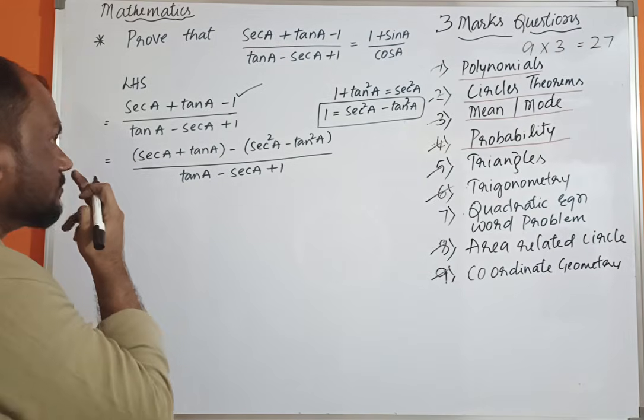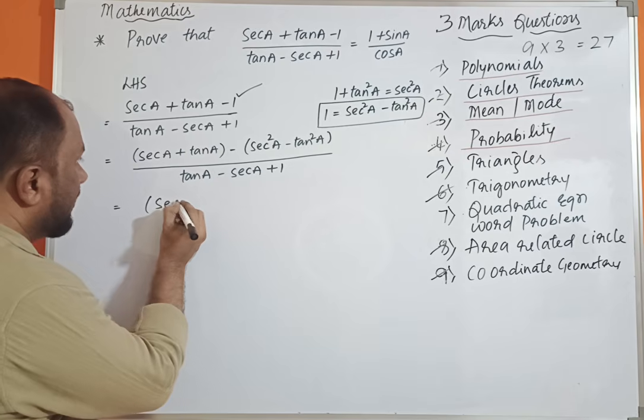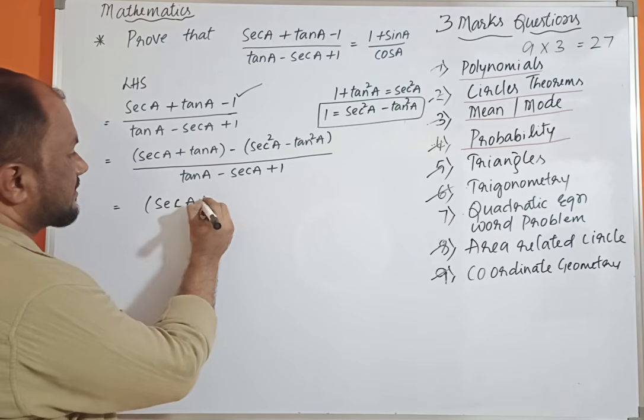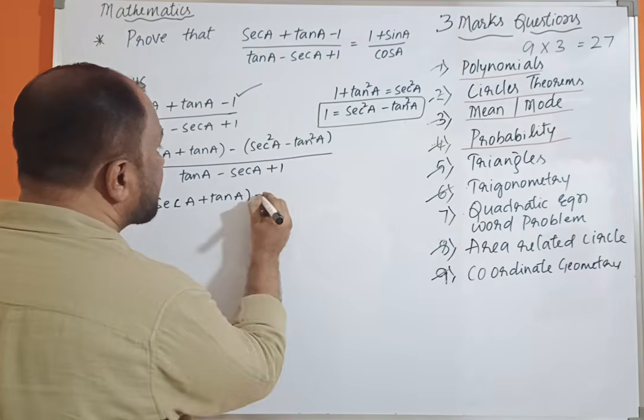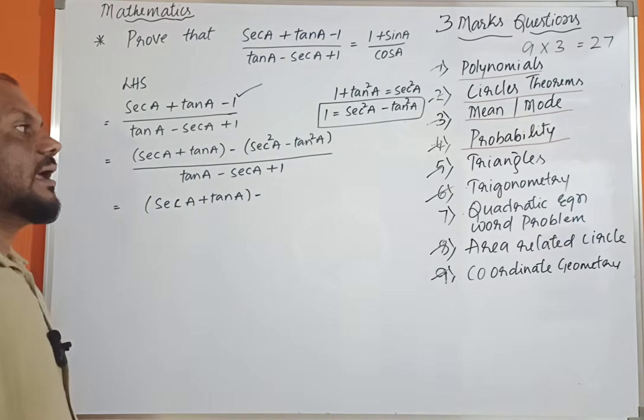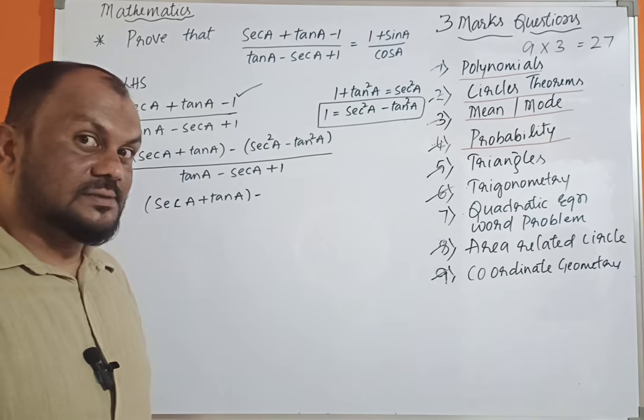Now secant A plus tan A, write it as is, minus secant square A minus tan square A. Is it following any identity? Yes. Which one?